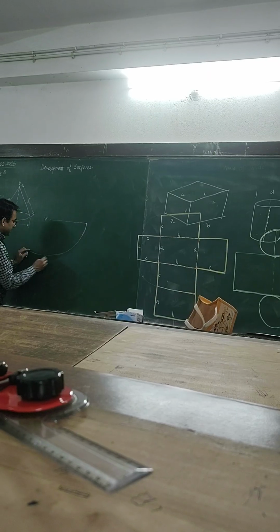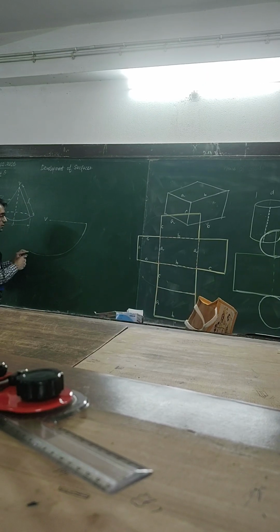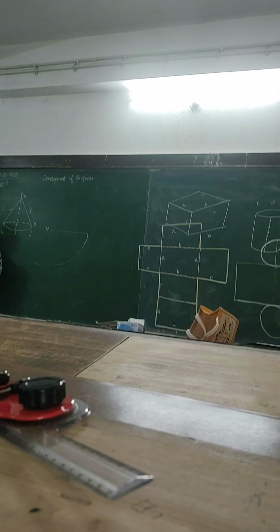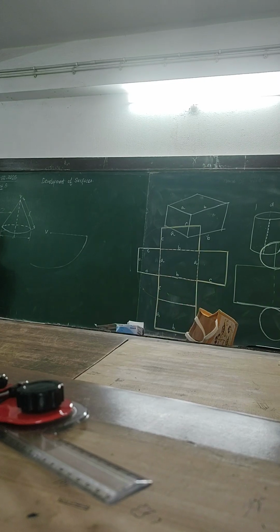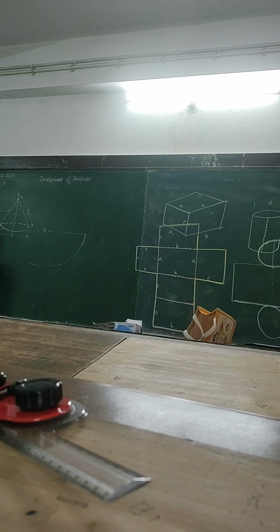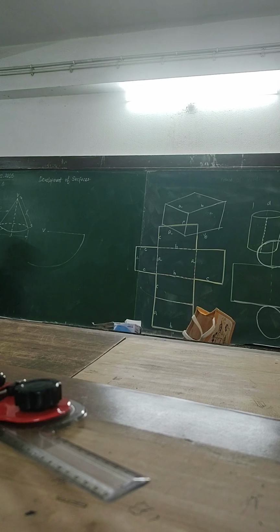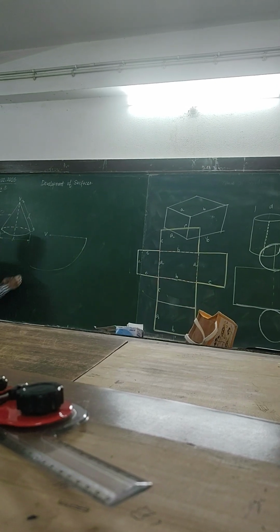How do we get pi d? This length is pi d, the perimeter, with small d. So how to produce a length which is pi d?